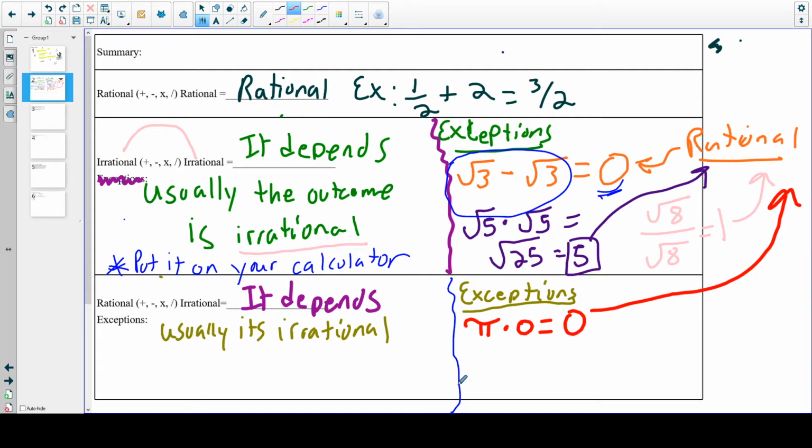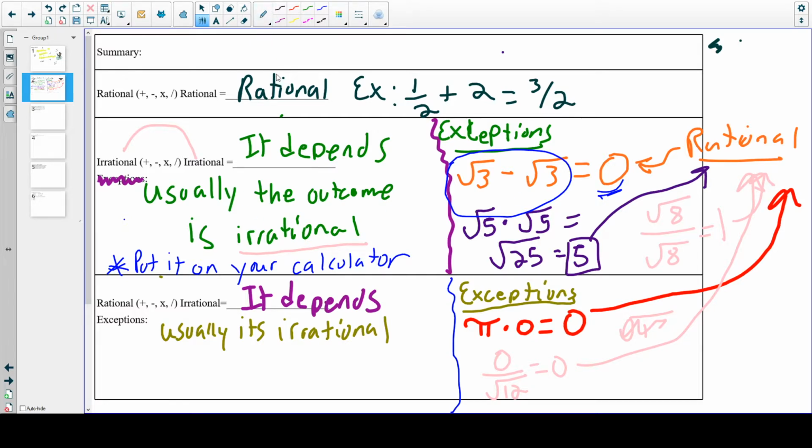Or what if we did, let's think of another number, the square root of 12? No, I lied. What if I said 0 divided by the square root of 12? Do you remember what happens when you do 0 divided by anything? Well, it's also 0, which is also rational.